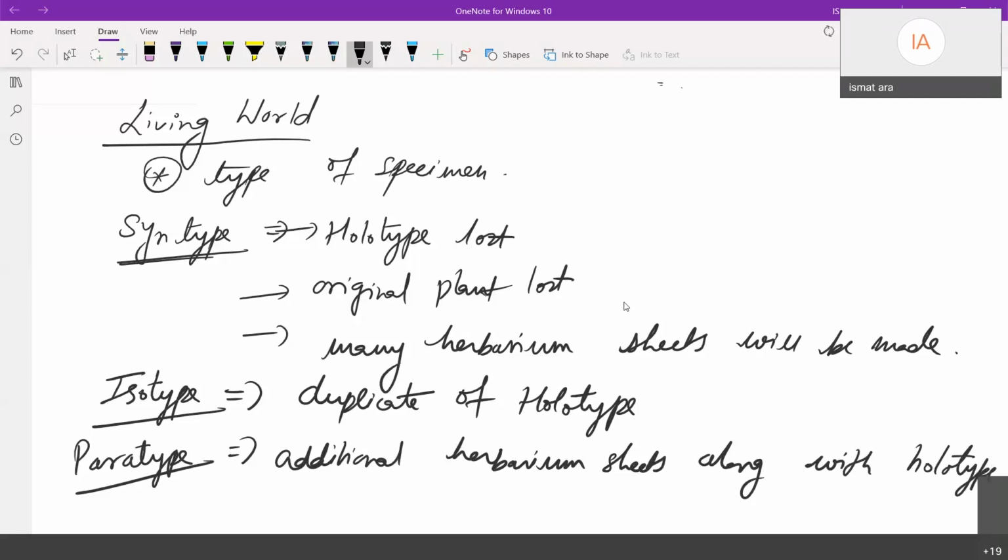See the difference between syntype and paratype. In syntype, you have lost the holotype, you have lost the original plant. That's why you are going to prepare syntype. But in paratype, whenever you are preparing the holotype, then you are making additional herbarium sheets. Isotype, just one version of the holotype if you are making, then that is isotype.